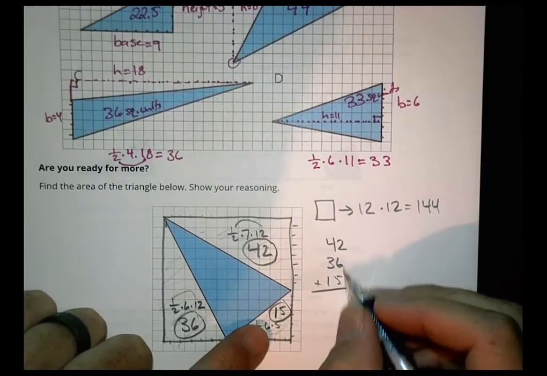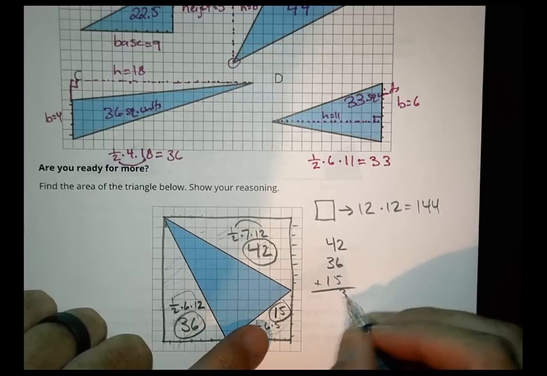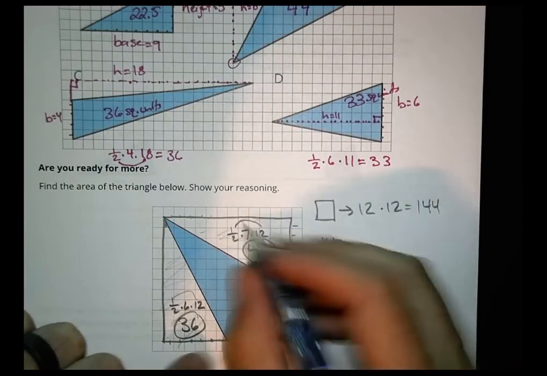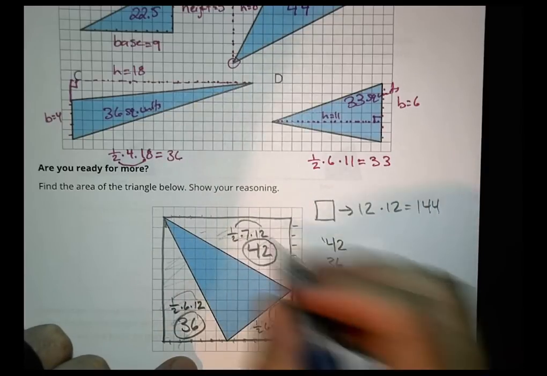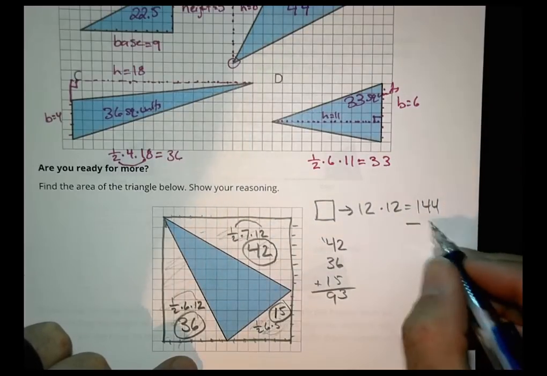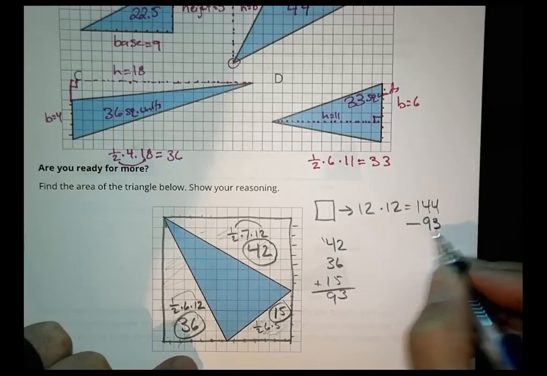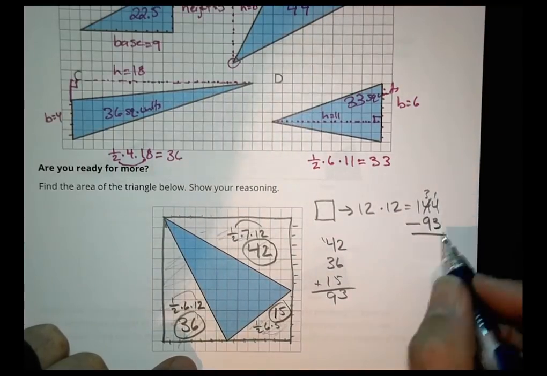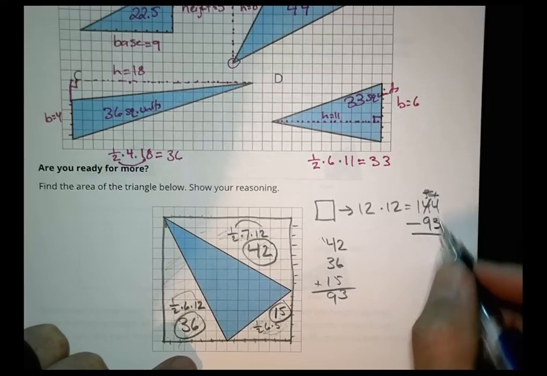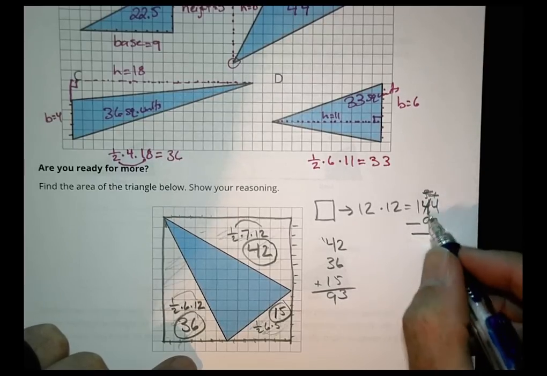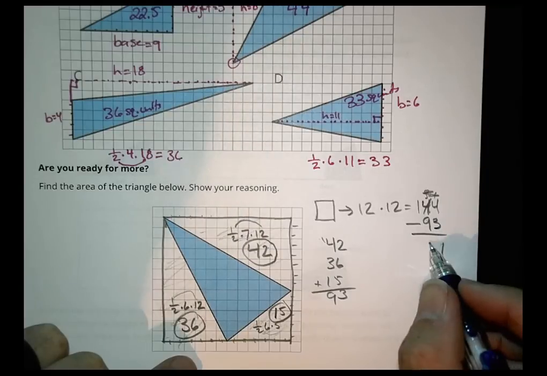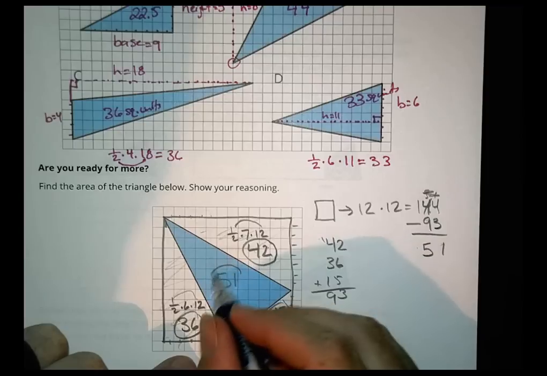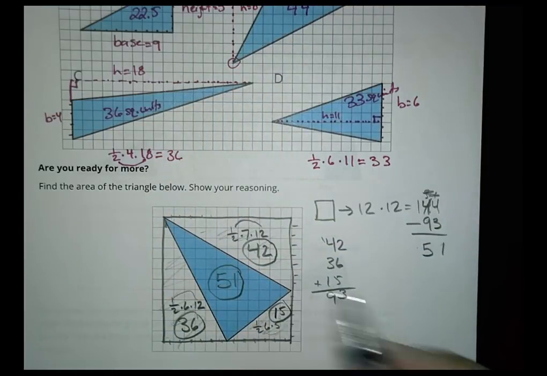We add that up, we have 93, an area of 93 that we're going to have to subtract from the large square in order to figure out what's left. So when we do that, 144 minus 93, what I'm left with here is the area of the blue shaded area is 51 square units.